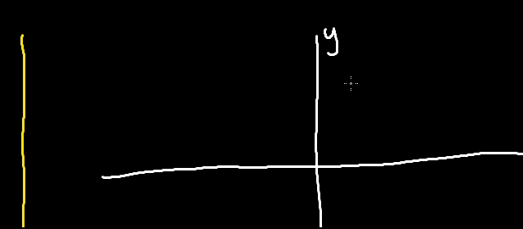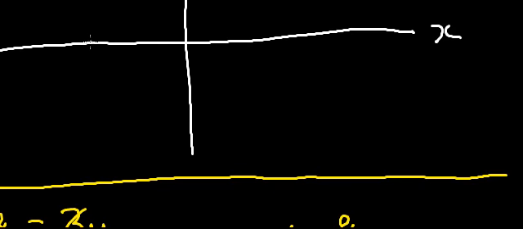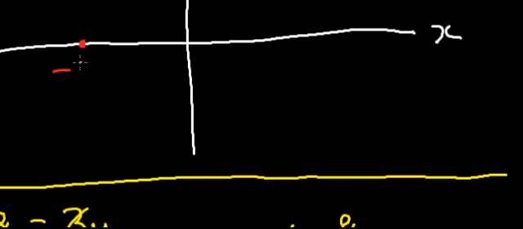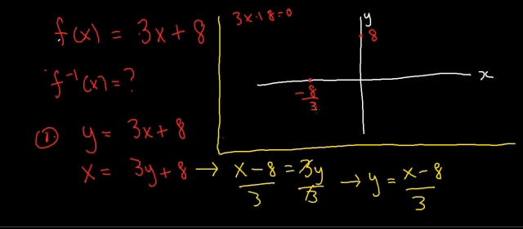It has a y-intercept of 8, and the x-intercept is when this is 0, so x is negative 8 over 3. So it's approximately over here. So we draw the graph of 3x plus 8. You get this.